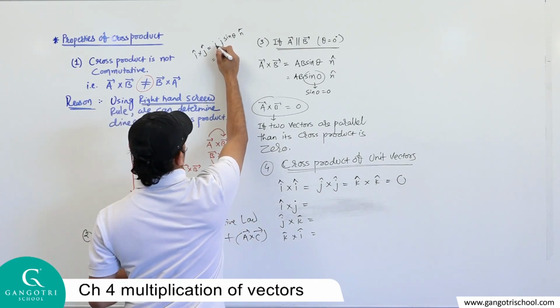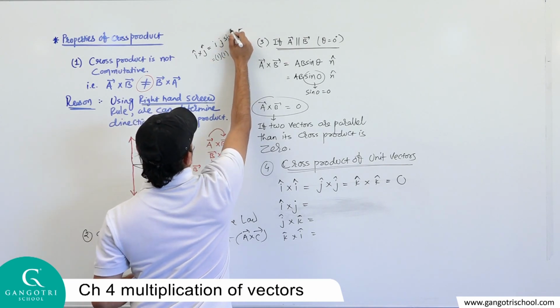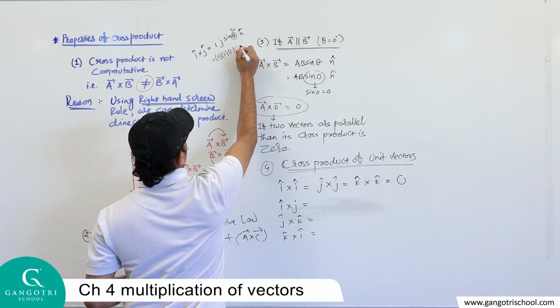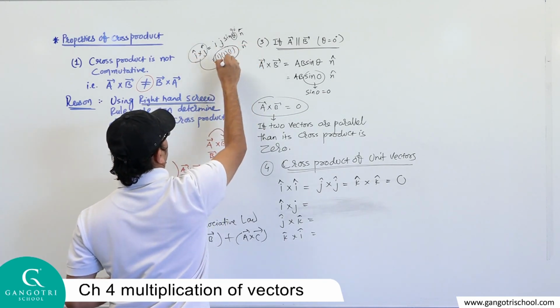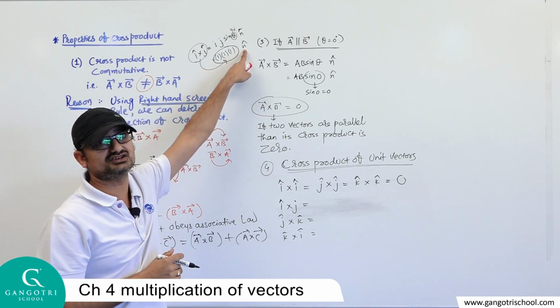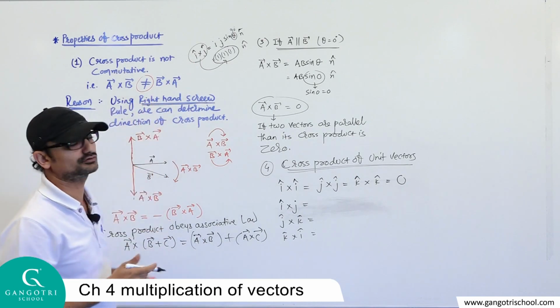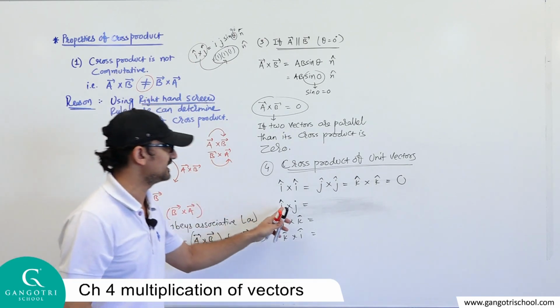The i caret unit vector has magnitude 1, j caret unit vector has magnitude 1, sin 90 is 1. So the magnitude of i cross j is 1, but we have to decide the direction of i cross j according to the right hand screw rule.